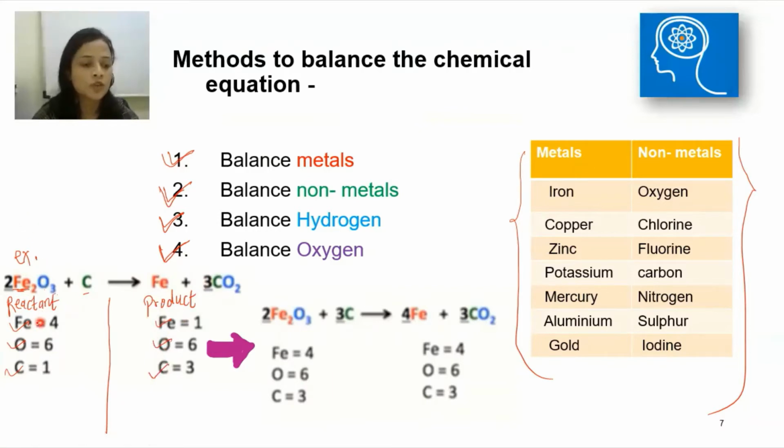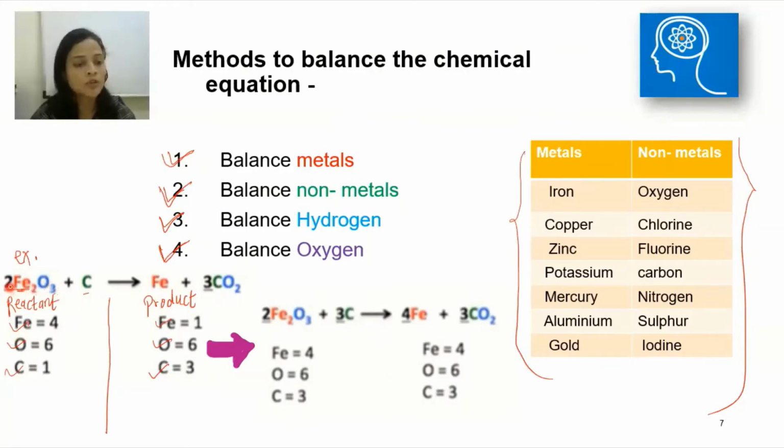Okay, first of all, how many Fe atoms are present on the left side of the chemical equation? You can see here, this is the coefficient and this is the subscript. So the total number of Fe atoms present on the reactant side of the equation is 4. Now what about O? Again, here is the coefficient. This coefficient is for the complete Fe2O3, so this coefficient is for O also.